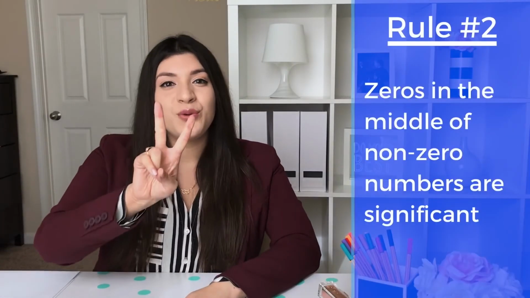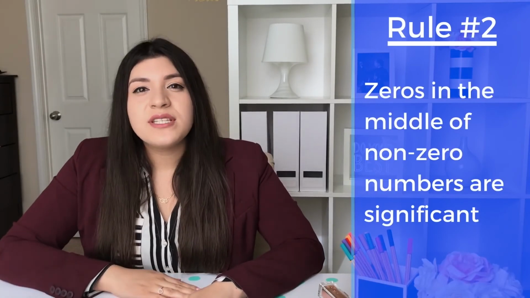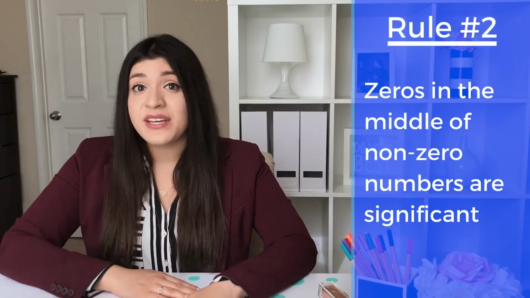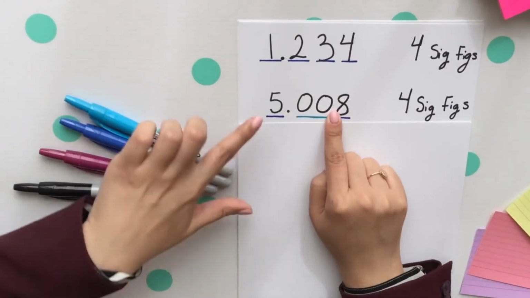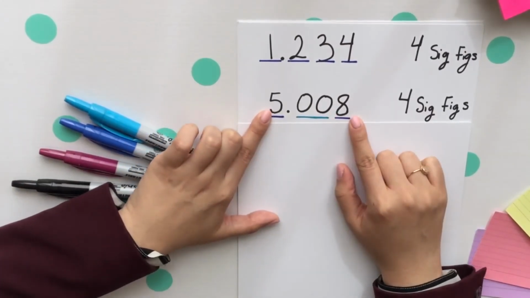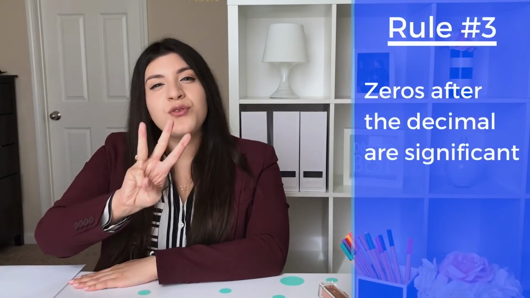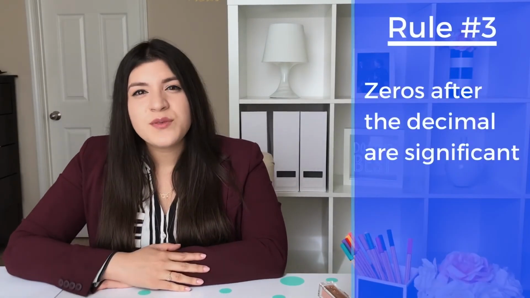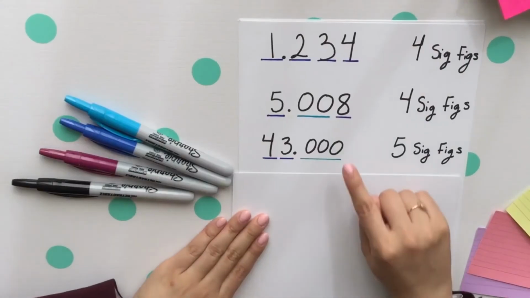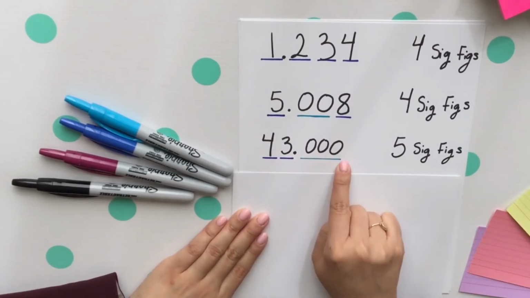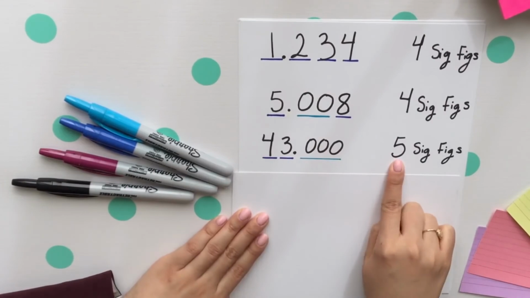Rule number 2, any zeros that are in the middle of non-zero numbers are significant. These two zeros are in the middle of 5 and 8. 5 and 8 are two non-zero numbers, so every single digit counts as significant. Rule number 3, zeros after the decimal are significant. These 3 zeros are after that decimal place, so every single one of these digits is significant.